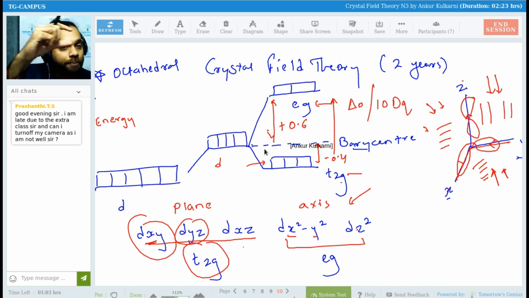That is the energy of the d orbital. So from the barycenter, how much it has split, that is what barycenter means. Is it clear now? Can we go ahead?